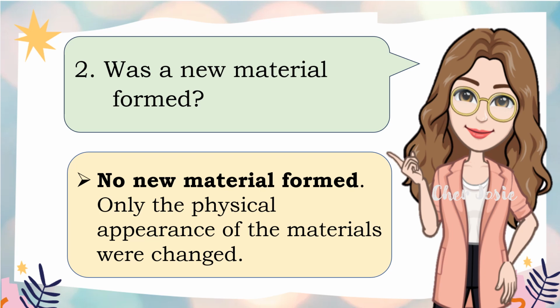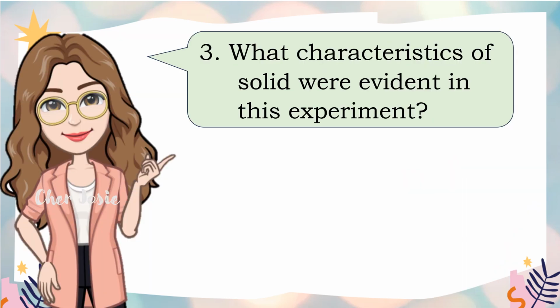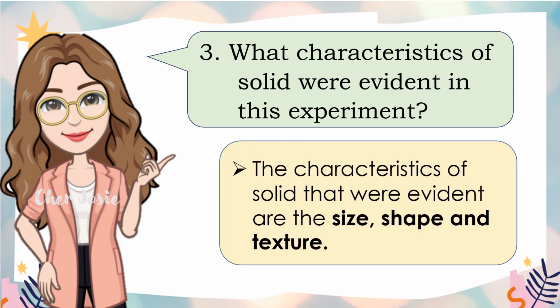Only the physical appearance of the materials were changed. What characteristics of solid were evident in this experiment? That's right. The characteristics of solid that were evident are the size, shape, and texture.